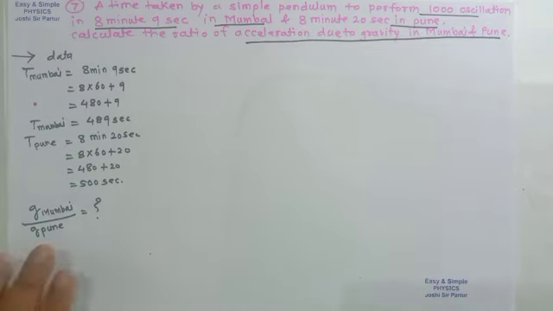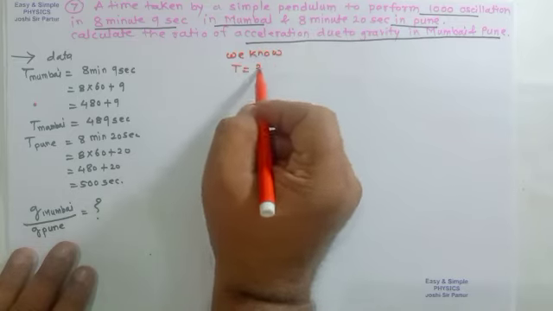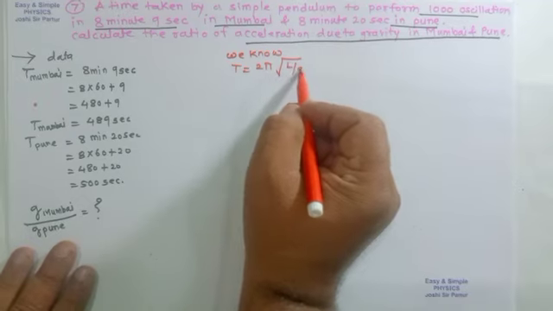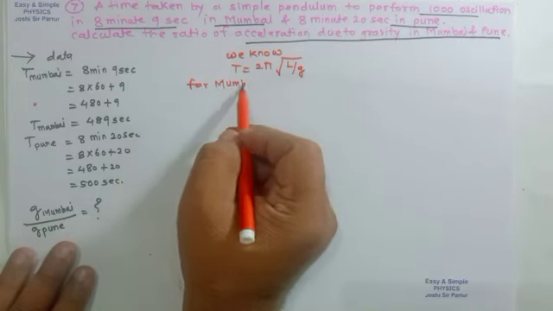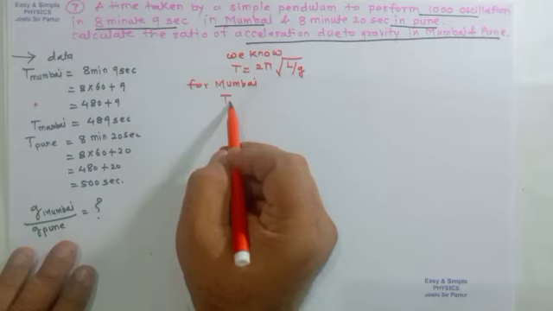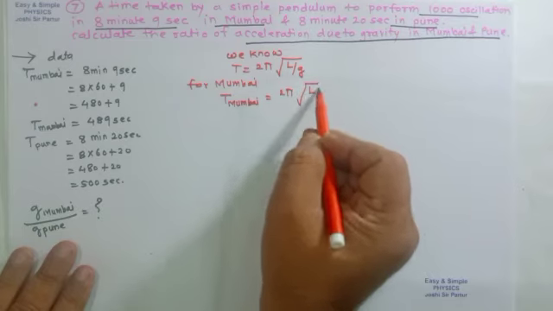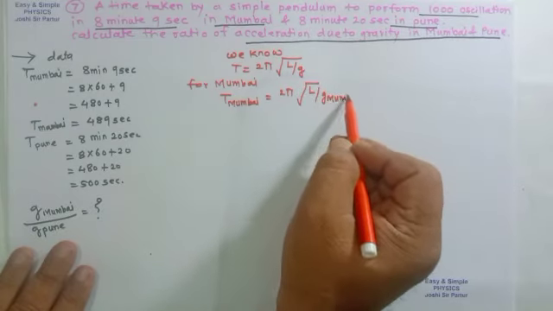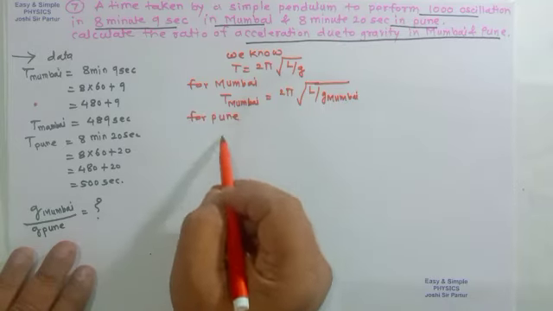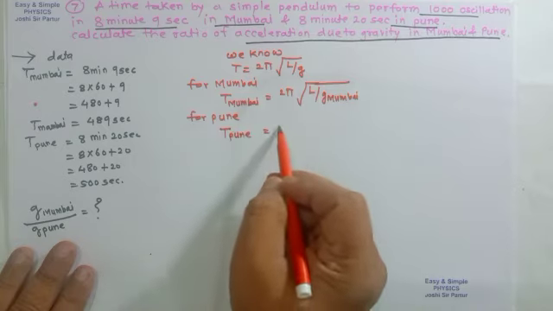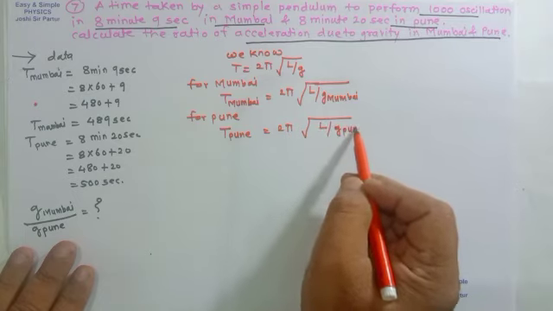So first we know that time period T equal to 2 pi square root of L upon g. For Mumbai, time period will be 2 pi square root of L upon g Mumbai. And for Pune, time period for Pune will be 2 pi square root of L upon g Pune.